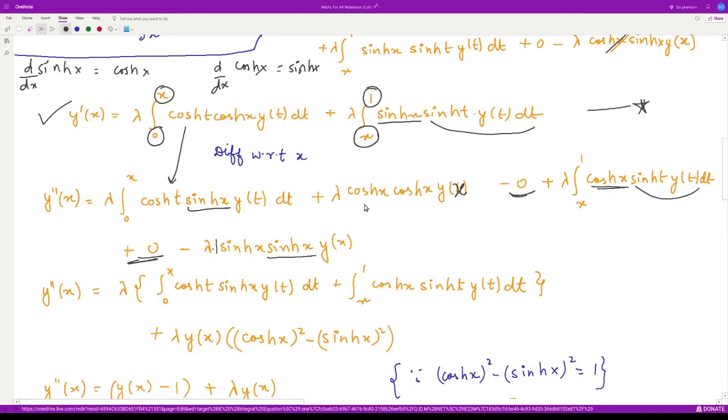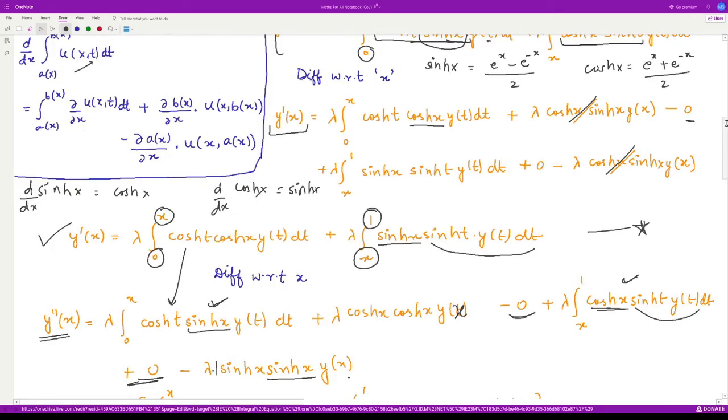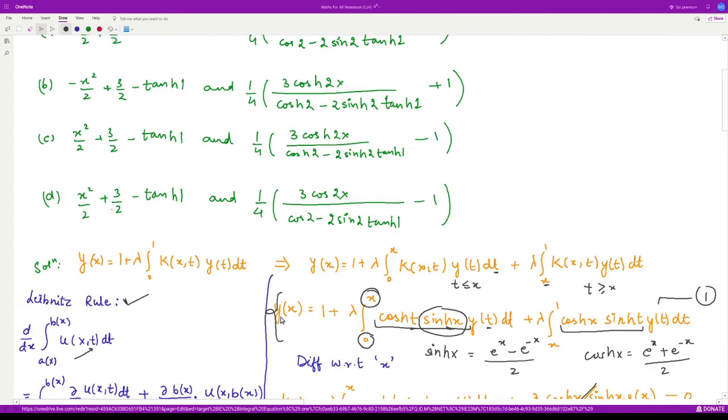Again we have, now you see what we do in this case. So we have y double dash x as it is, taking lambda common from this term and this term, we have something like this, right? And what was this? Let us look at equation number 1 where we defined y of x, the original integral equation. So we have this whole term, right?